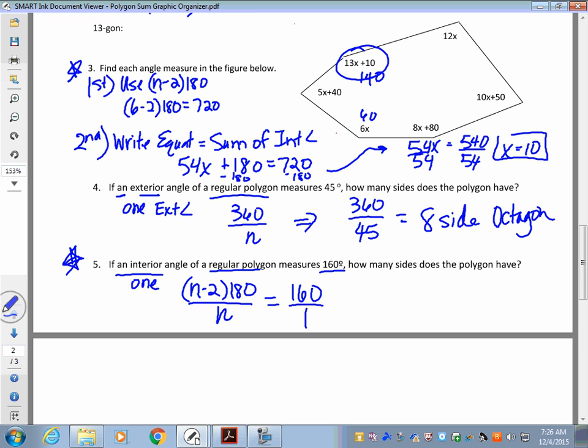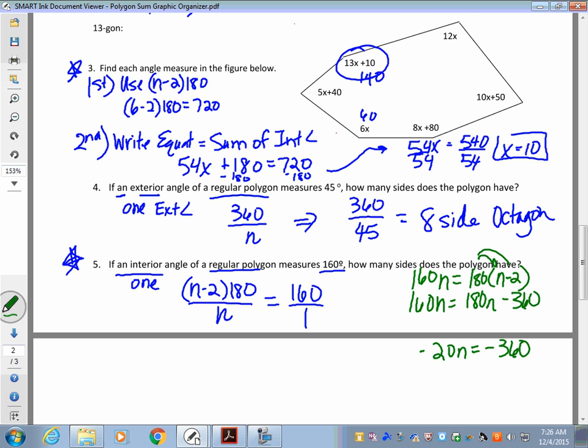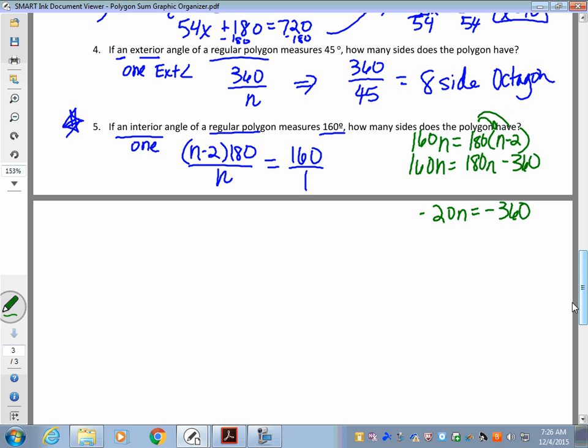So basically we're going to have 160n is equal to 180 parentheses n minus 2. Now you have to distribute, and then you get 160n equals 180n minus 360, and then you're going to subtract the 180n, that's going to leave you with negative 20n equals negative 360, and then you're going to divide by negative 20, and so n equals 18.